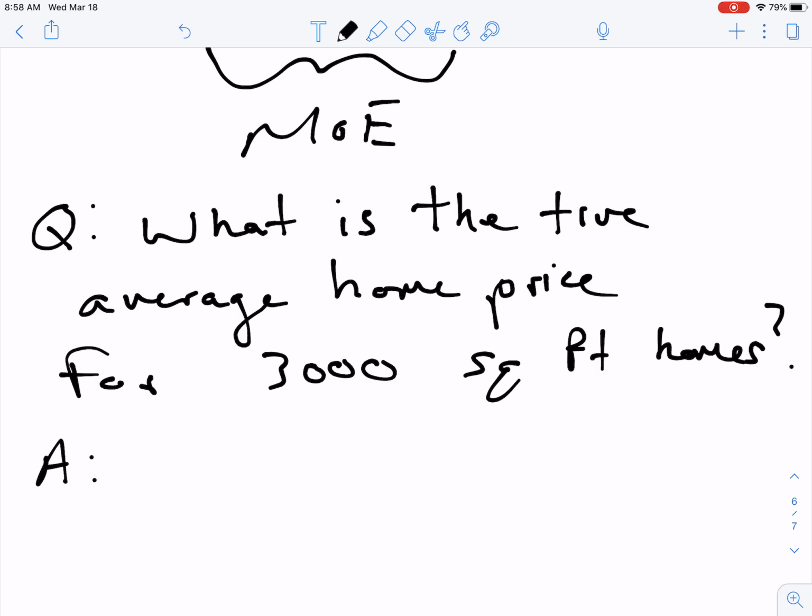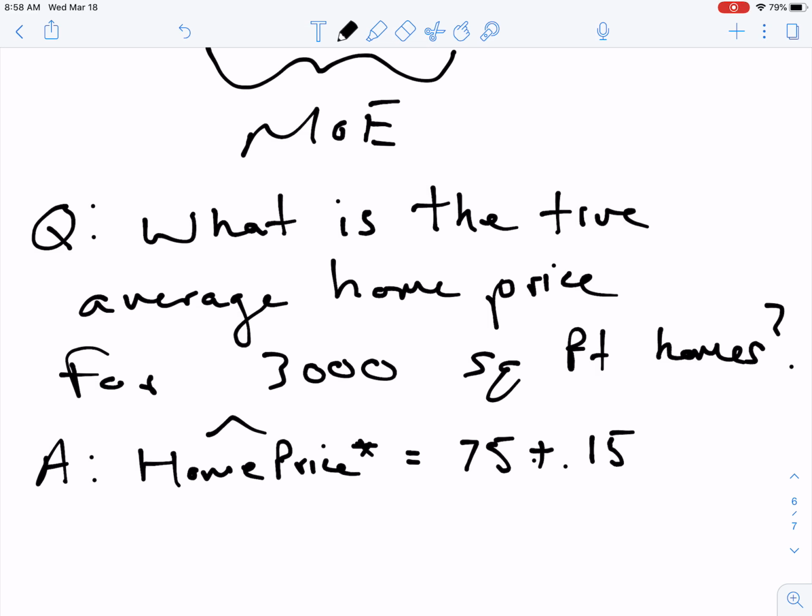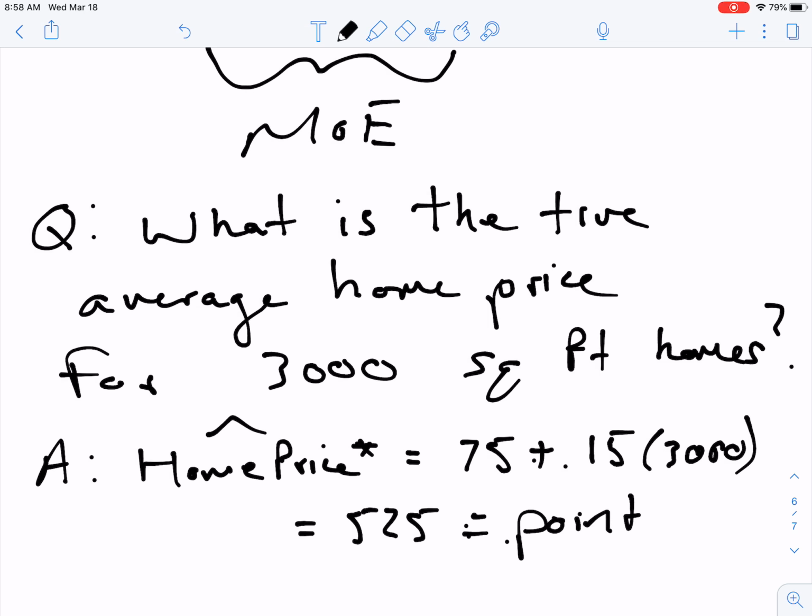Now the point estimate will be home price hat star for this special value of x, 3,000, equals 75 plus 0.15 times 3,000. That's going to equal 525,000. That's my point estimate. Just like before, we just plugged it into the estimated equation.